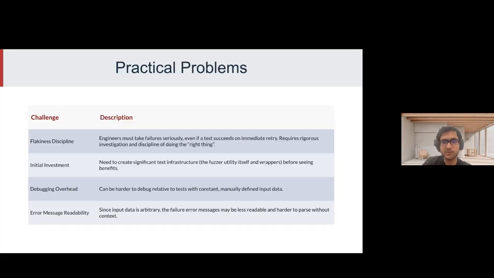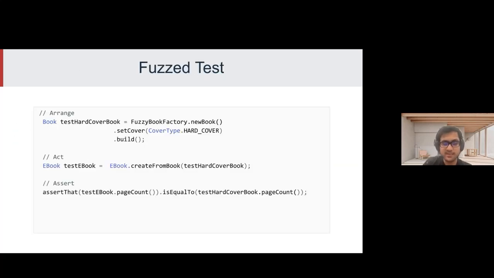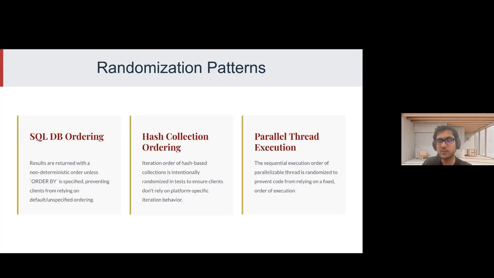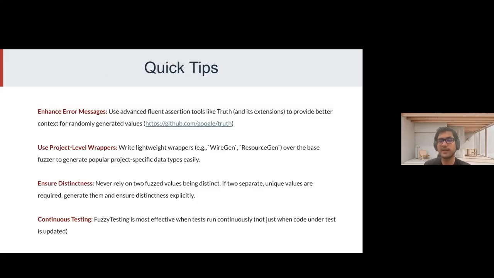If I go back to the example here, we can see that the assert section has been written in a very fluent manner, and this fluency allows the Truth library to give you a much better error message as to what the actual and the expected values were.